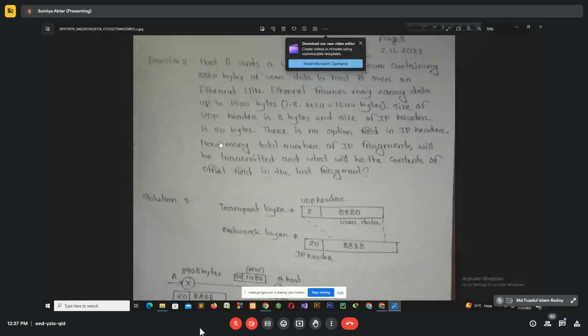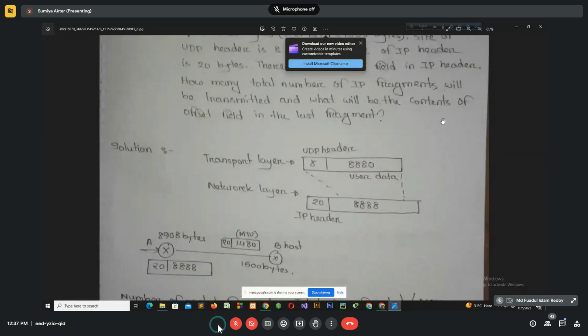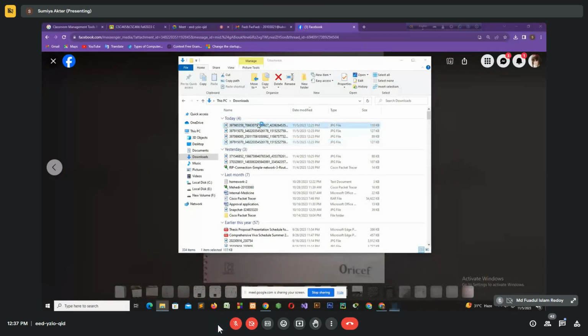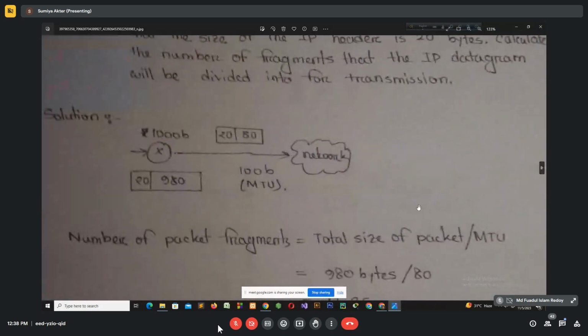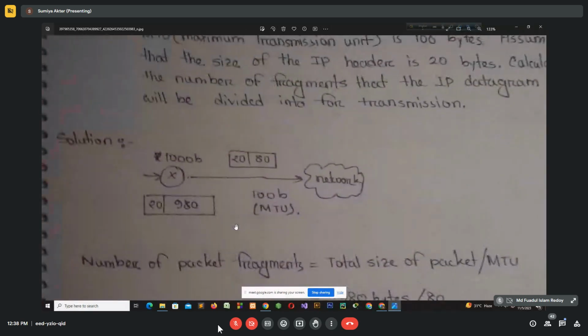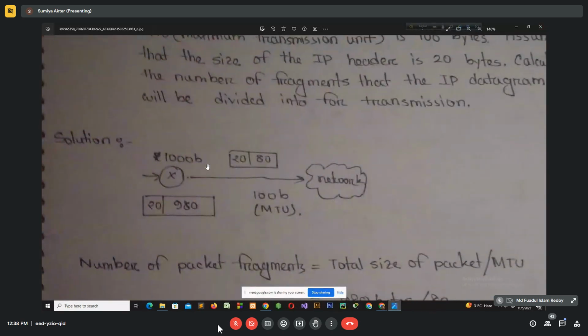I mean to say, did you understand this part? Okay, the first example that I have shown to you, did you understand this diagram? It is the same type of diagram, just the values are different.